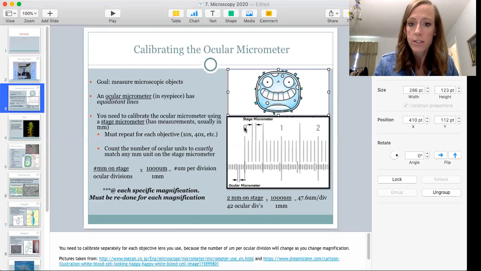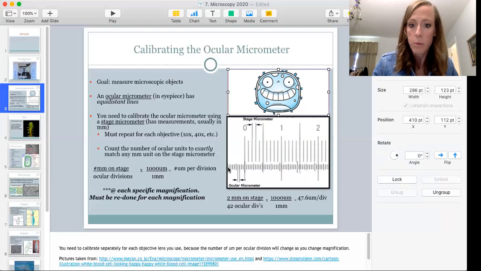So for instance, the 0 on the stage micrometer is lined up directly with this line on the eyepiece, on the ocular micrometer. And then you would have another line on your stage micrometer line up directly with a line in the ocular micrometer.